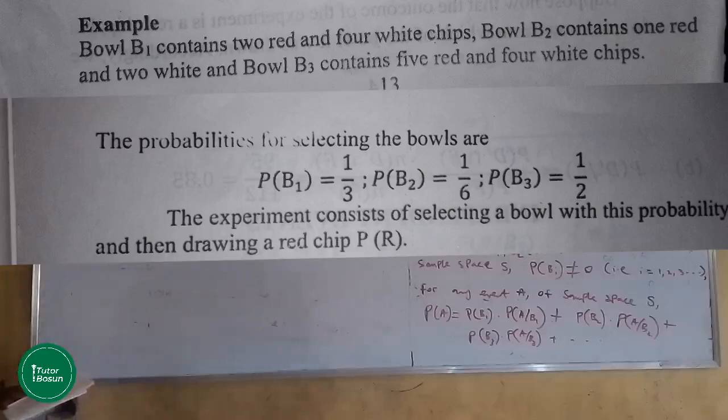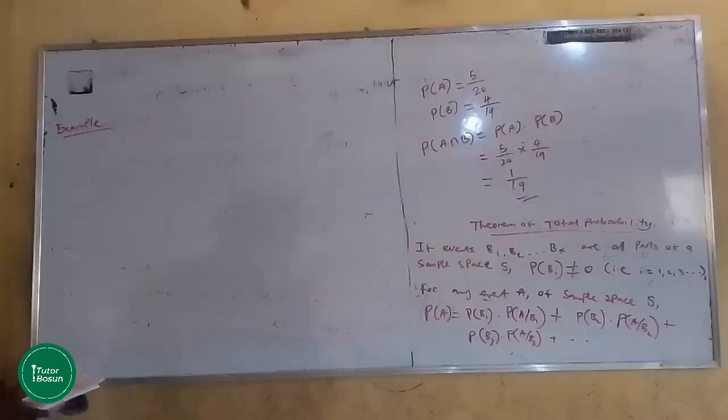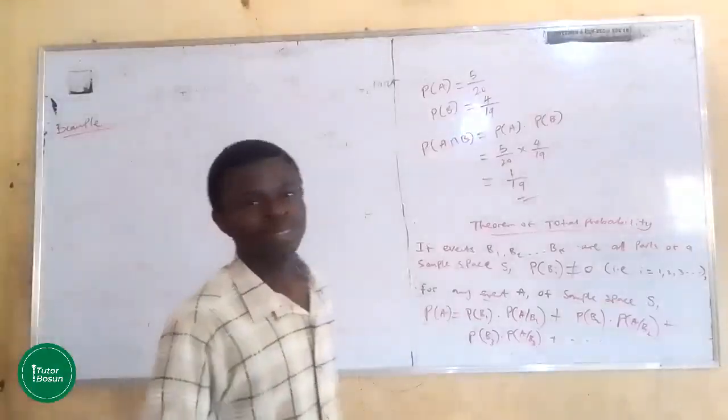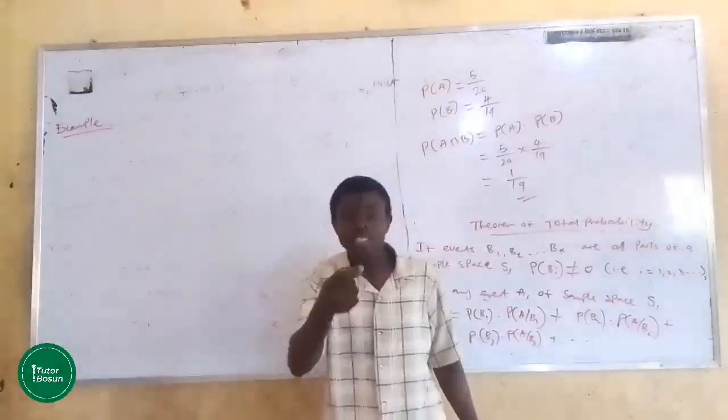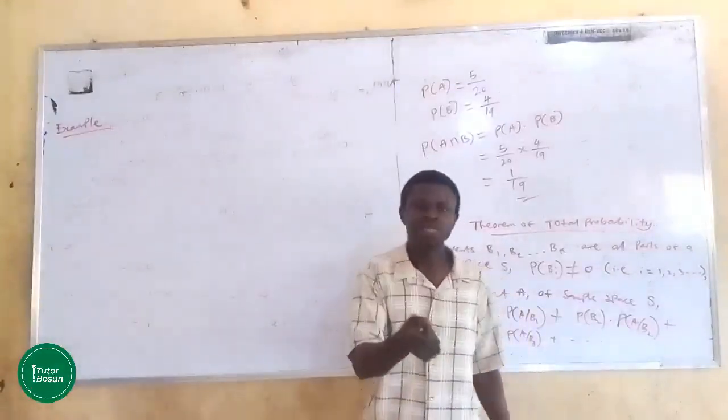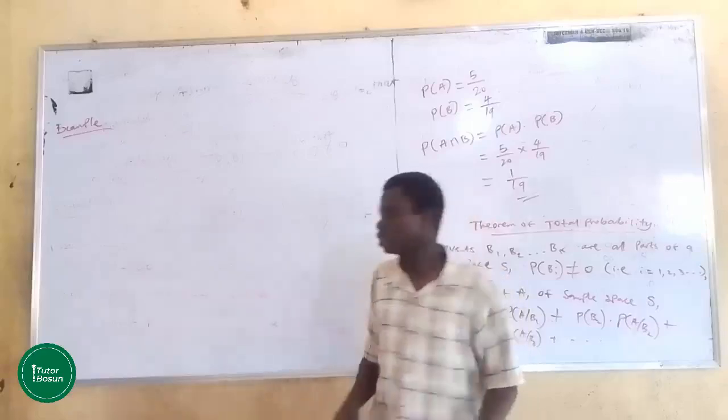Then we have to find the probability of drawing a red chip, which is the total probability, because each bowl contains a red chip. So all the bowls contribute to that red chip. So the probability of drawing a red chip will now be the total probability.